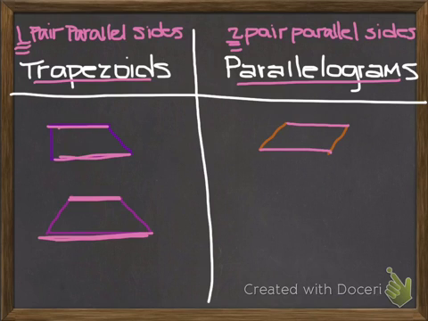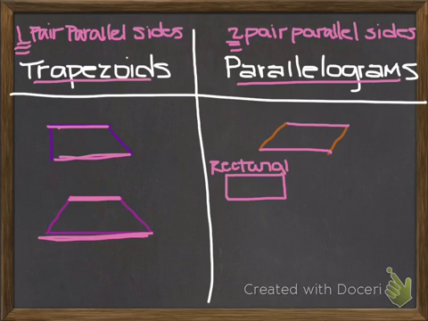But we have some other types of parallelograms that we like to be even more specific about when we are talking about them, and that is this shape that we know to be the rectangle. To be a rectangle, all you have to have is four right angles.